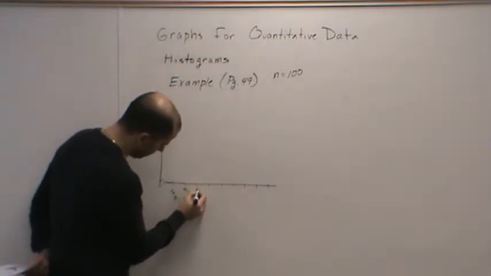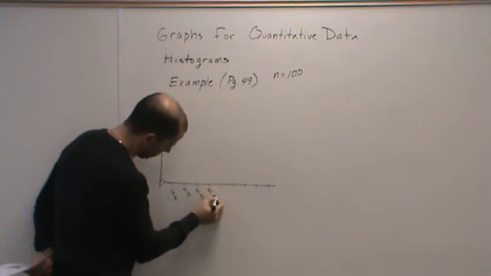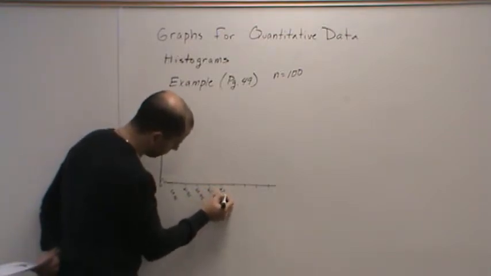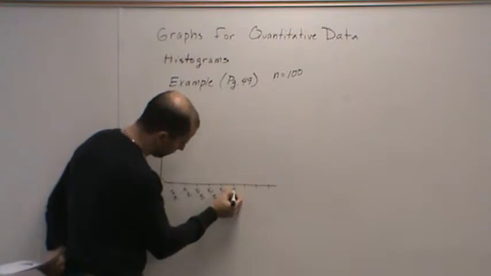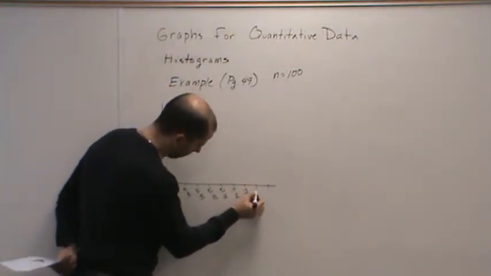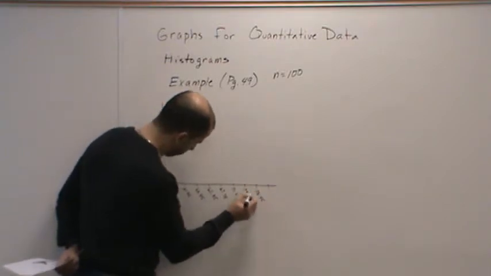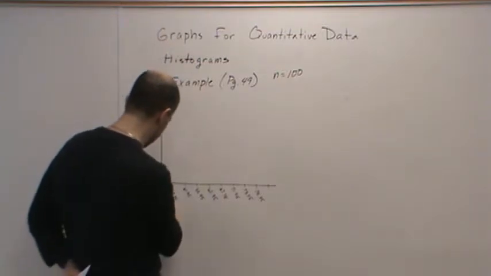61.95, 63.95, 65.95, 67.95, 71.95, 73.95, 75.95. Hold on a second. Did I get this right? 59, 61, 62.